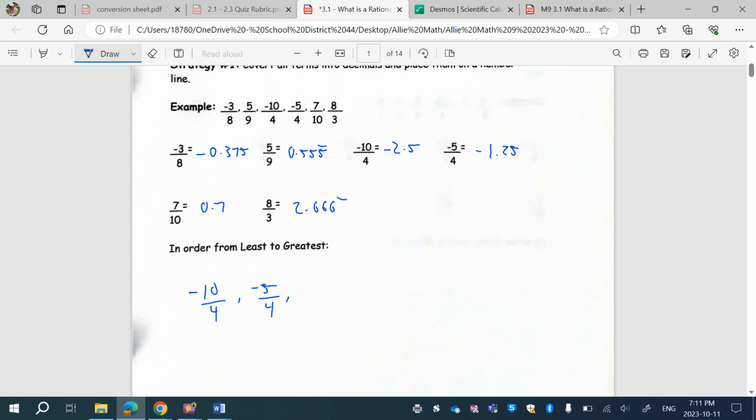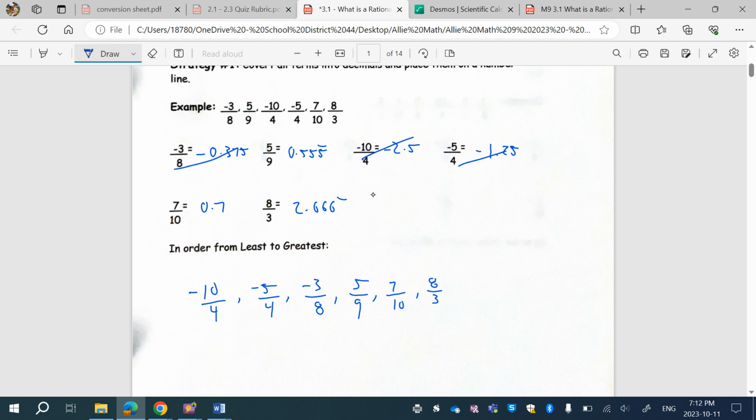Our next negative is -3 over 8. And now those ones are done. We're moving into positive. This one is now our smallest, 5 over 9. Next is 7 over 10. And last but not least is 8 over 3.